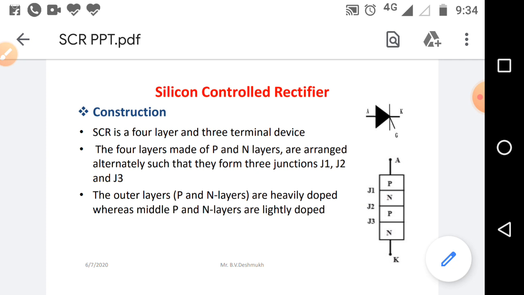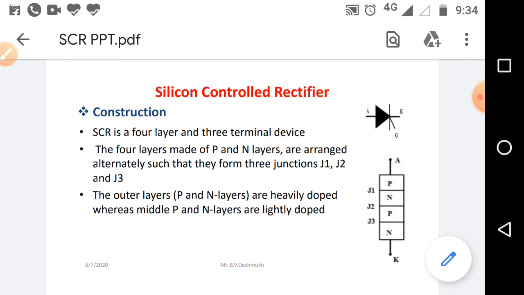The outer P and N layers are heavily doped. It means the doping level of the P and N-type semiconductor. The middle layers also have P-type and N-type semiconductor, and the outer layers also have P-type and N-type semiconductor.